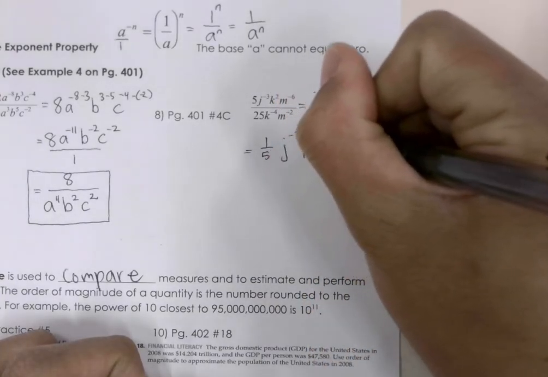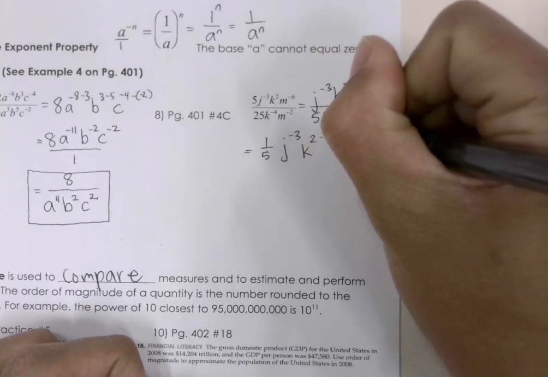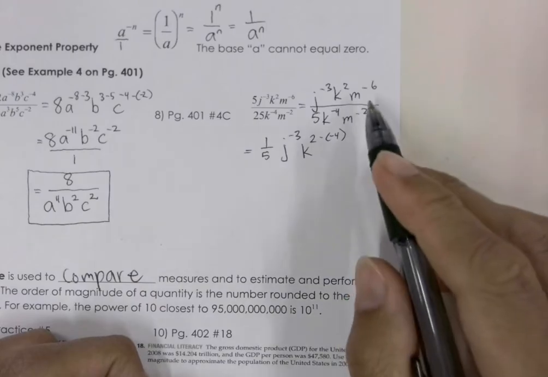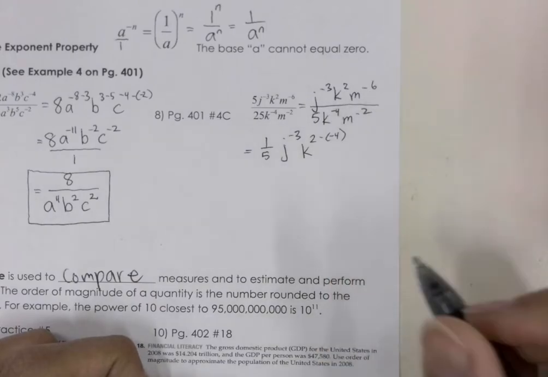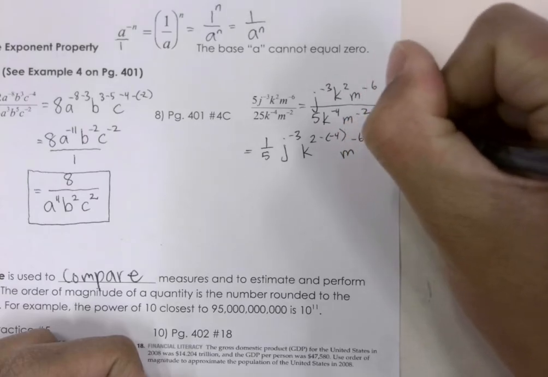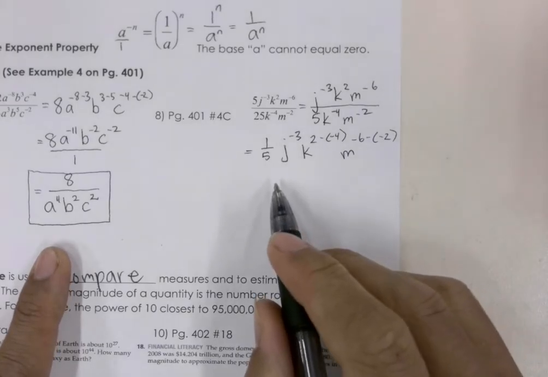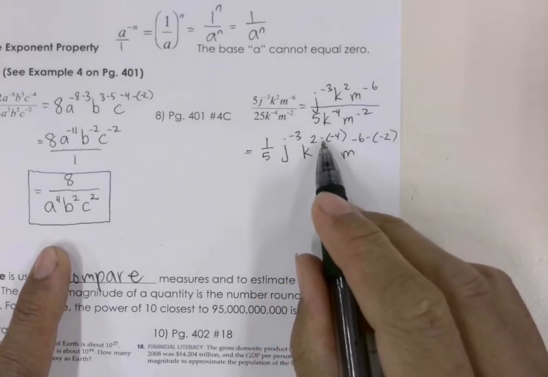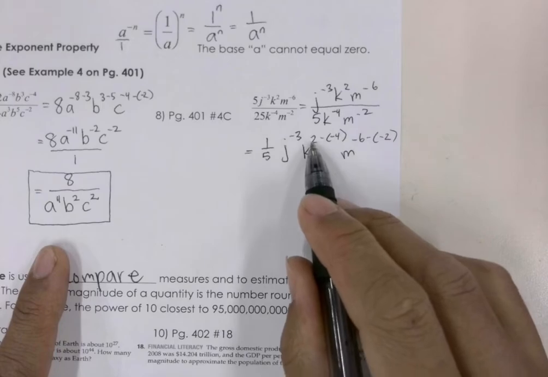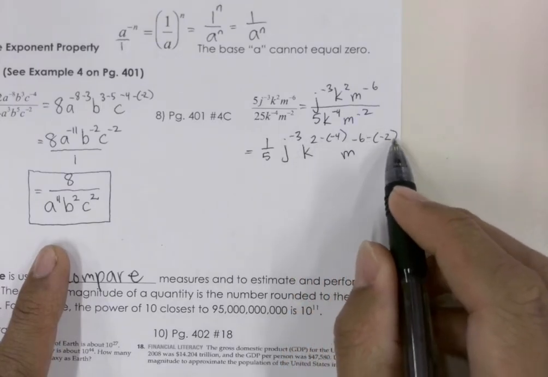So we'll say k to the power of 2 minus a negative 4. And then we have m to the power of negative 6 minus a negative 2. Alright. Here we have two negatives, so this becomes positive 4, 2 plus 4. Here we have two negatives, this becomes positive as well, so it's negative 6 plus 2.